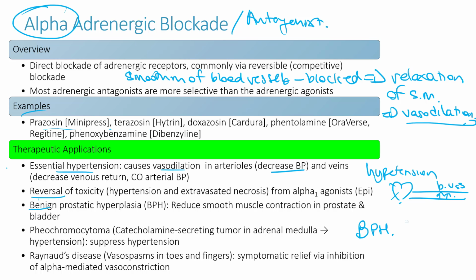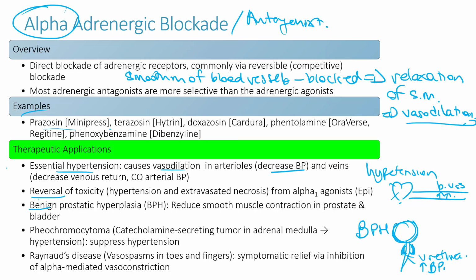Whereas in BPH, you have the bladder, and then you have the urethra, and the prostate gets bigger, and the pressure inside of the urethra increases, and so the smooth muscle of the bladder needs to work harder in order to push urine out. Right?